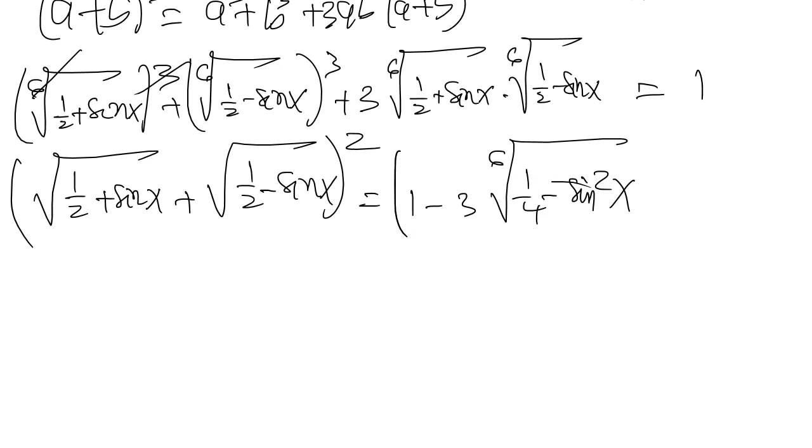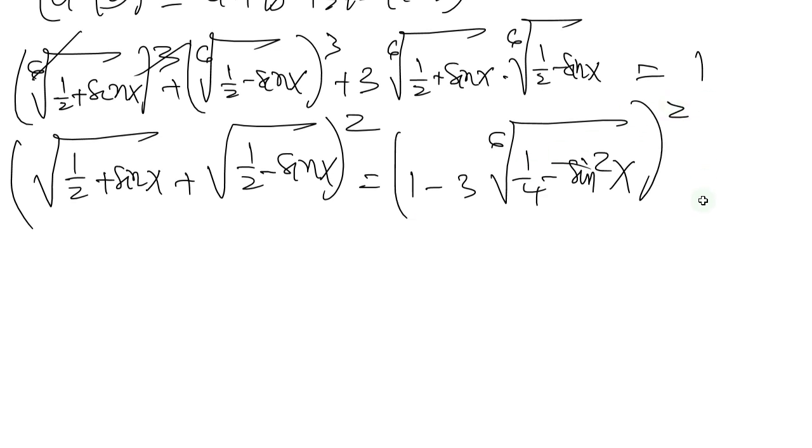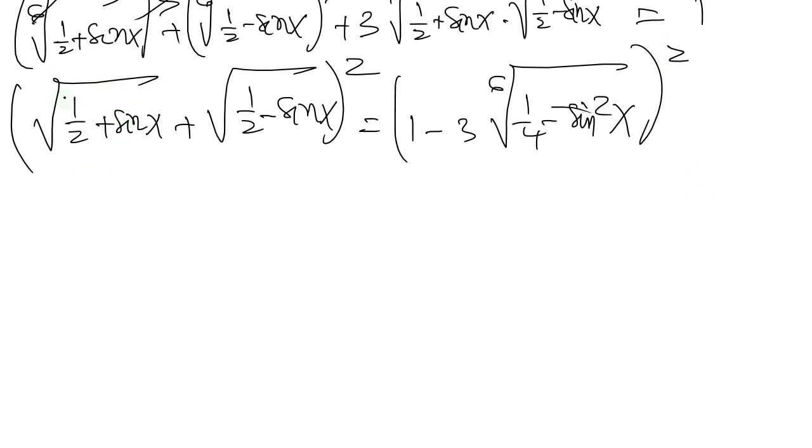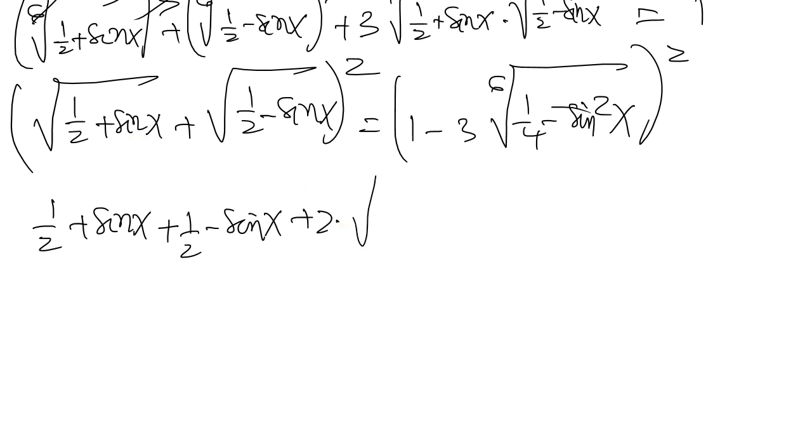So this is to the power of 2 and this is to the power of 2. This one to the power of 2 gives the square root squared, 1/2 plus sine x, plus 1/2 minus sine x, and then plus 2 times the product of the roots, which is the square root of 1/2 minus sine square x.